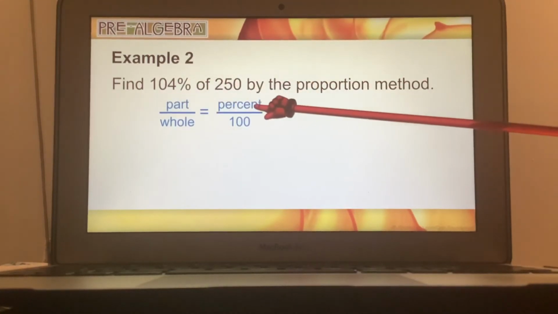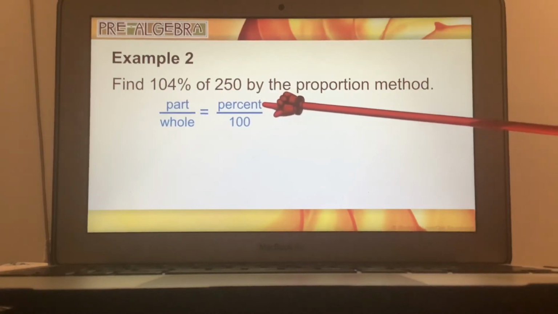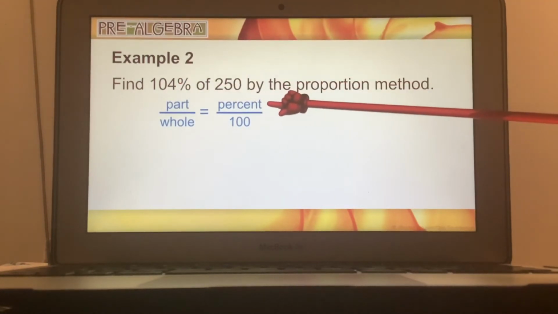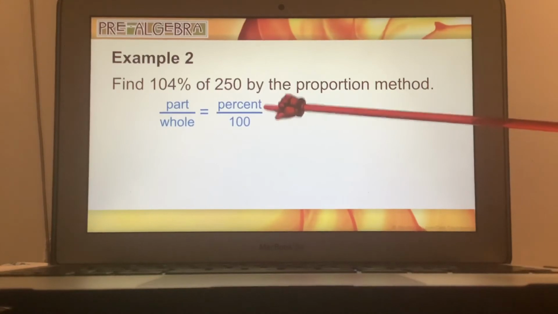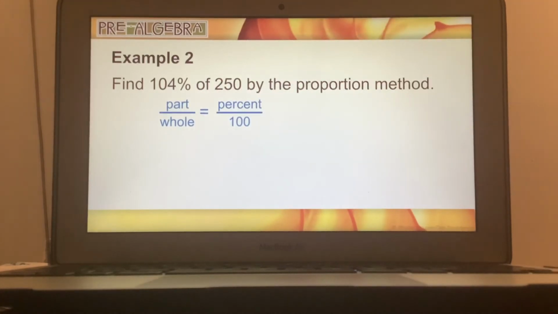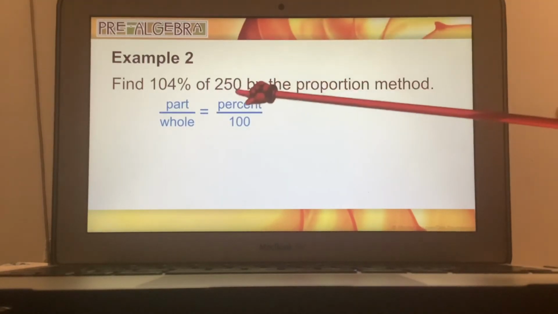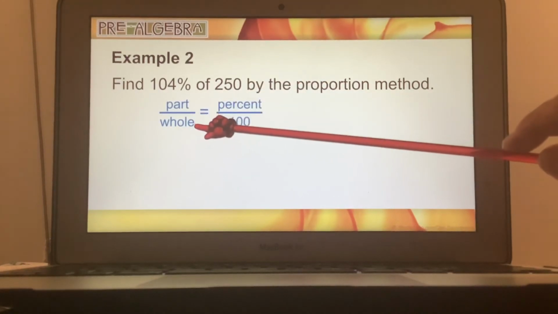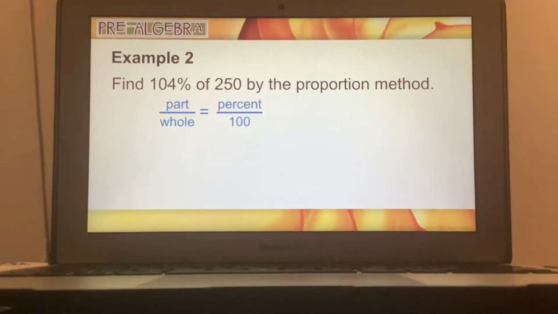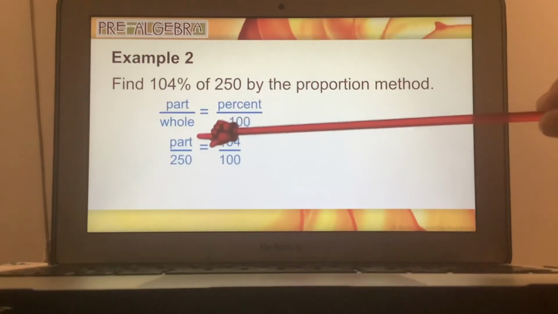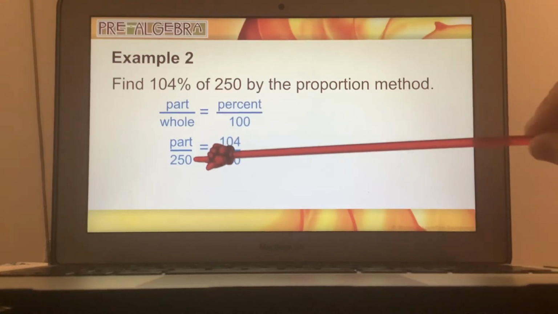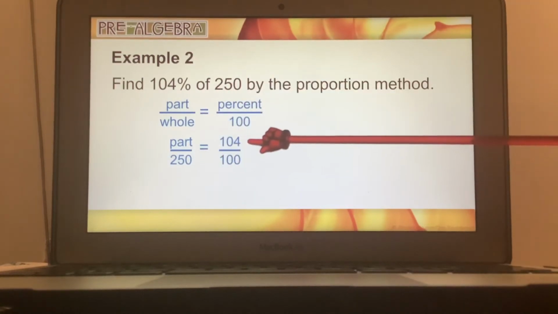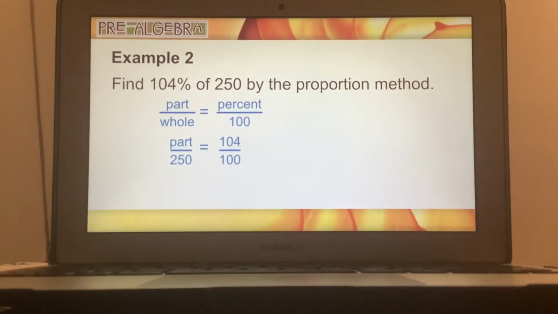That goes into this part where it says percent, right? 104. So you leave that 104 because that's over 100. And then 250, that is the whole. And we need to calculate what the part is. So the part over the whole, 250, is equal to 104 over 100.